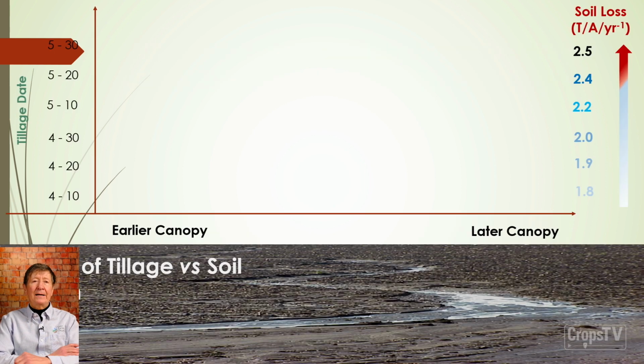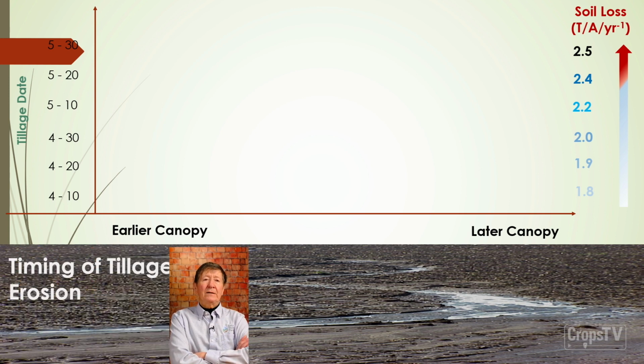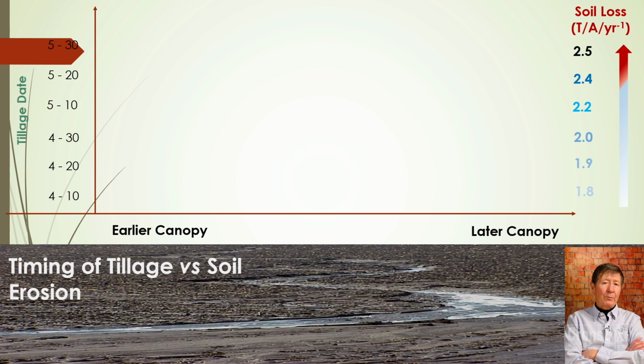On the left-hand side of this graph, you will see tillage dates. The way we run the model, we assume tillage and planting occurs on the same day. Is it perfect? Absolutely not. But it gives us some evidence and information relative to what's likely to happen. The dates of tillage and planting we've identified as April 10th, April 20th, April 30th, you can read.